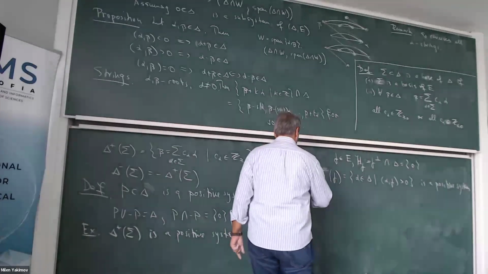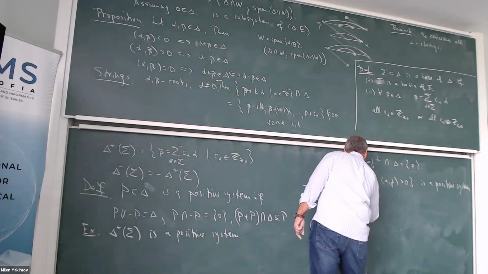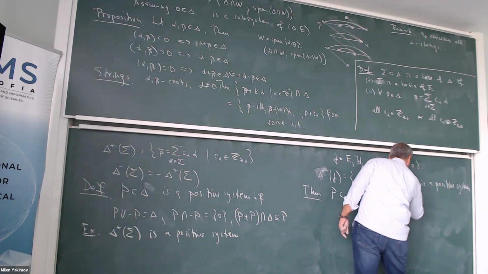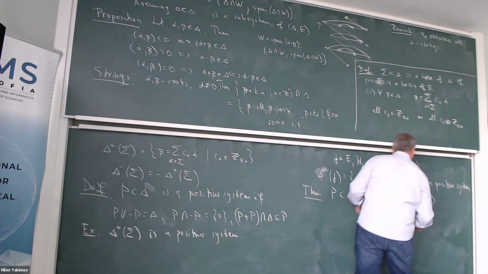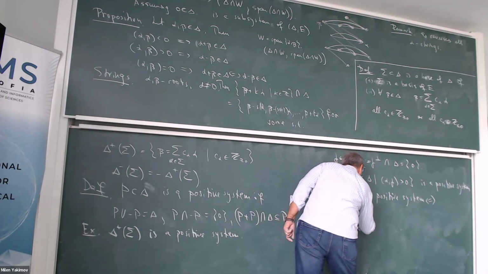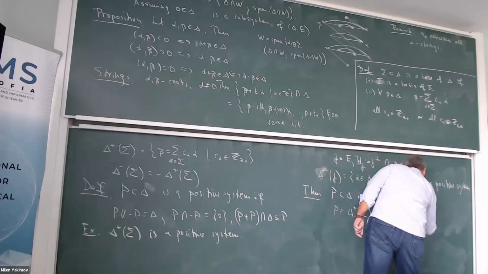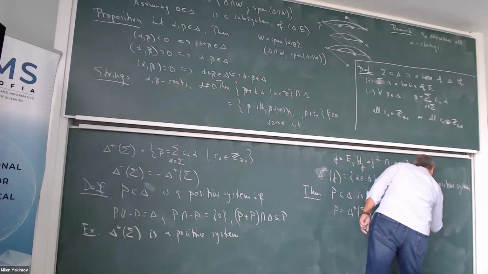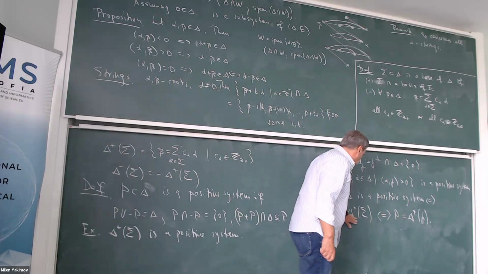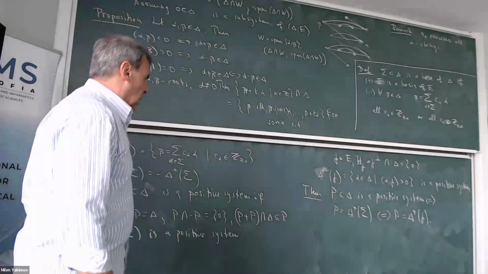The following statement is the theorem: P in delta is a positive system if and only if P is delta plus of sigma, if and only if P is delta plus of gamma. So all positive systems are exactly the positive systems coming from bases and the positive systems coming from hyperplanes.